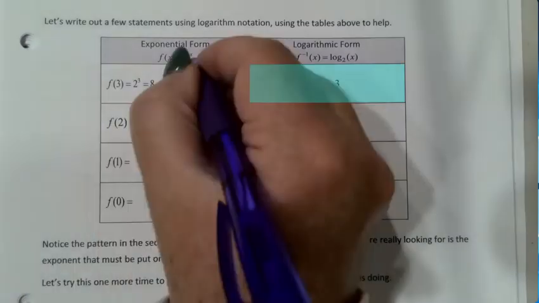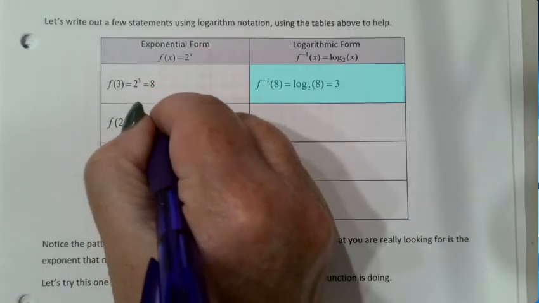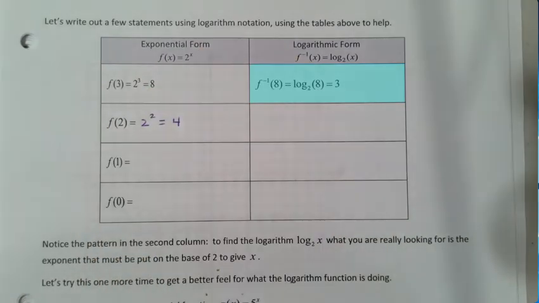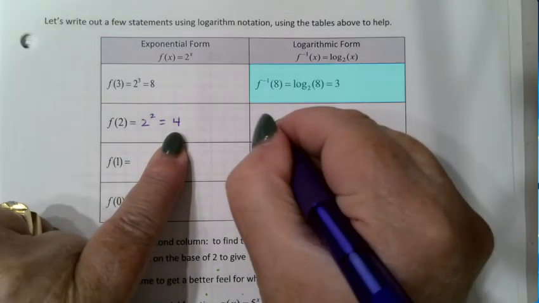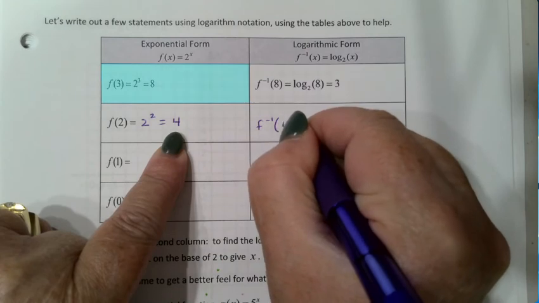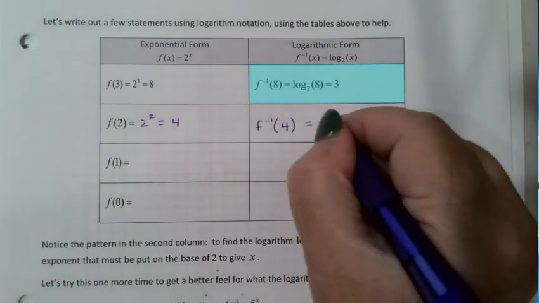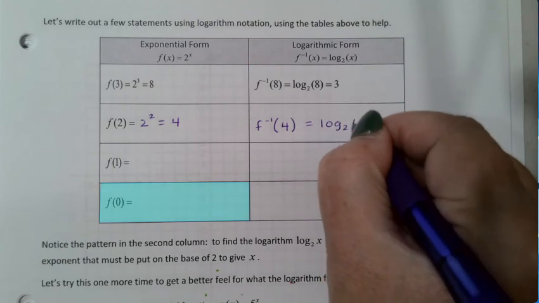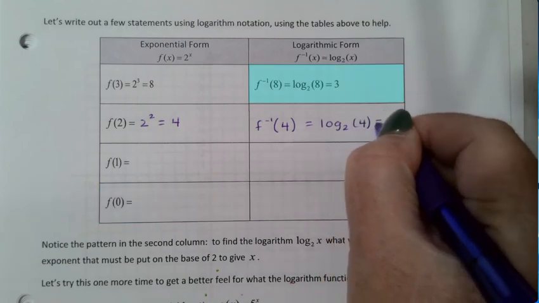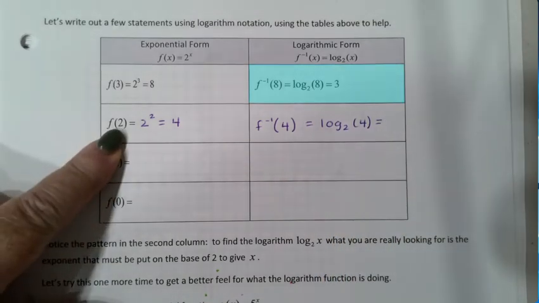So if I do f of 2, 2 to the second power equals 4. And now if I write my inverse function, my output was 4, that becomes my new input into the log base 2 function. And that equals the original input, which was 2.